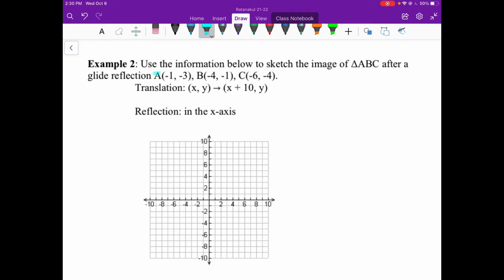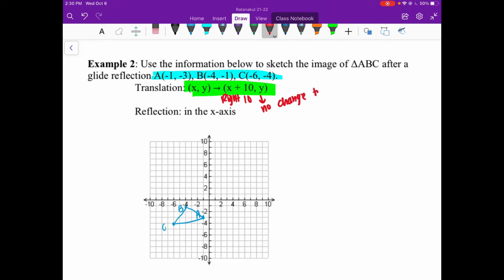All right, example 2. Same idea, we're given points for a triangle here, so let's go ahead and get that on our graph. This is our original image, so we're going to mark that with just A, B, and C. Now we're going to start the translation. The translation tells us to add 10 to our x's, so we're going to move right 10.